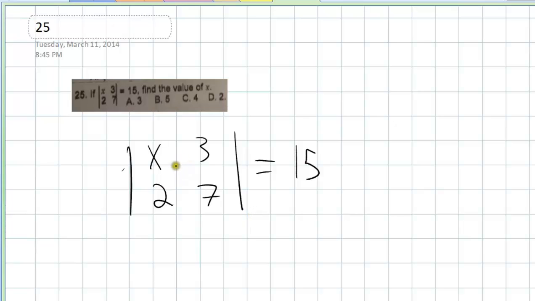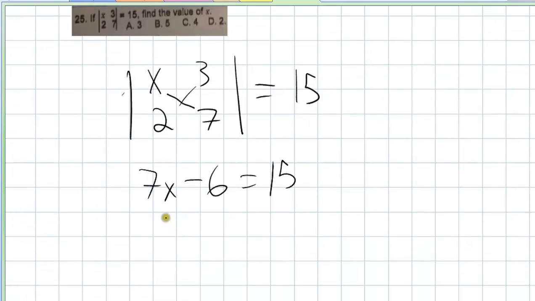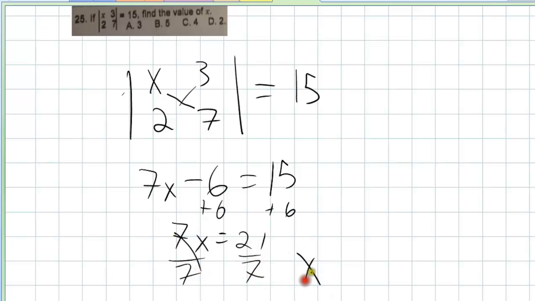What you want to do is first multiply this diagonal, so this is going to be 7x, and then you're going to subtract the other diagonal, minus 6, and you just set it equal to 15. So now we're just going to solve for x. So 7x is equal to 15 plus 6, which will be 21. And then we divide by 7 to solve for x, and x is equal to 3.